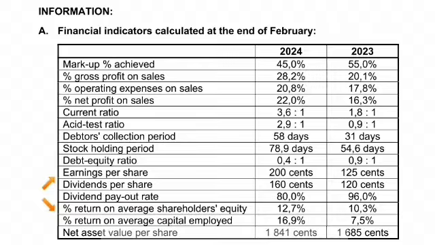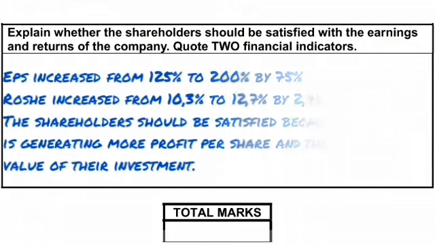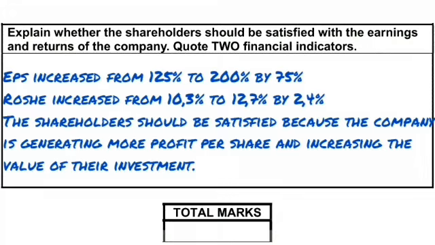The question is, should the shareholders be satisfied or unsatisfied with that? So let's start by just quoting the financial indicator and showing the figures and get that out of the way. EPS, that is earnings per share, increased from 125 to 200 by 75%. ROSHE, which is a return on shareholders equity, increased from 10.3 to 12.7 by 2.4%.